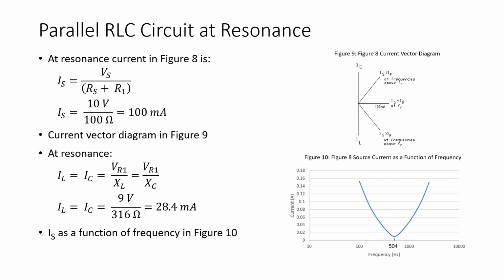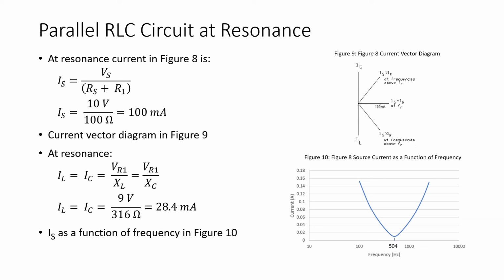The vector diagram for the parallel RLC circuit is shown in figure 9. Note at resonance, the resistive current and the source current are equal at 100 milliamps. However, at frequencies above resonance, we've got more capacitive current than inductive current, and the source current will be in the first quadrant.